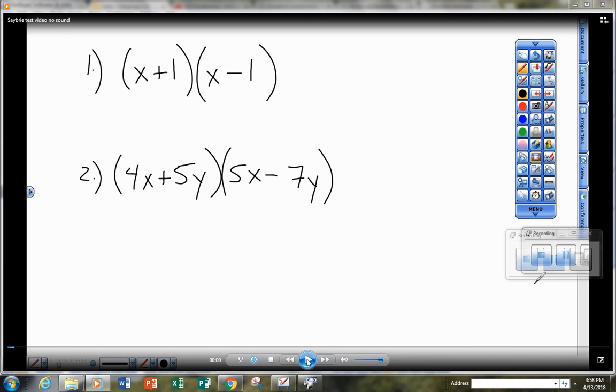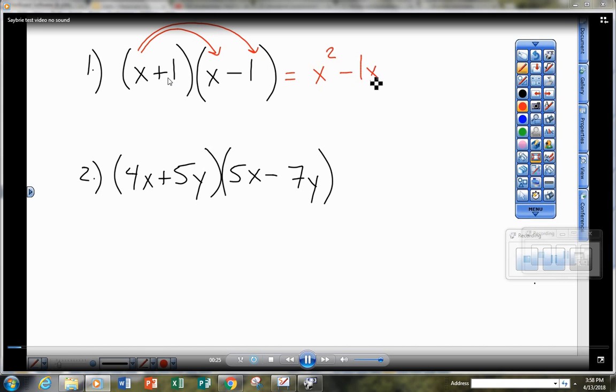So here we go. First one is a FOIL problem. So I'm going to take the first, the outside, the inner, and the last, and times that. And again, notice this is one of those special cases. So x times x gives me x squared. That is the first. X all the way down here times negative 1 is negative 1x.